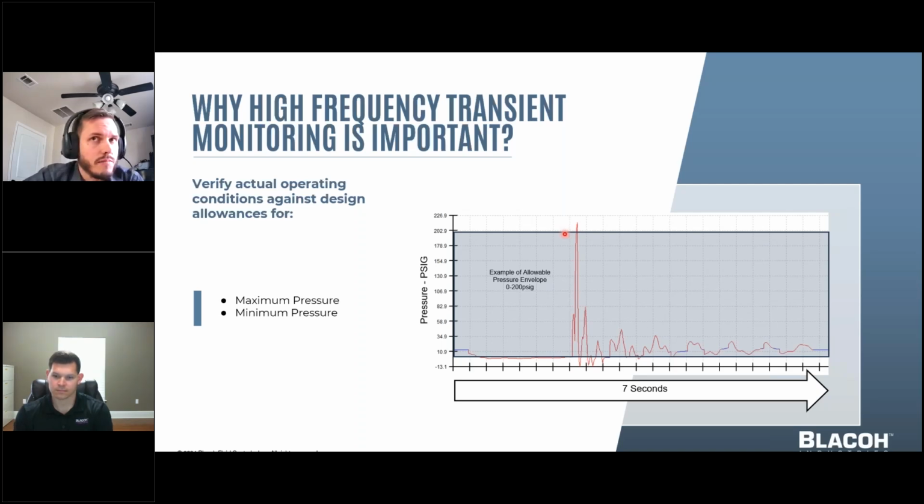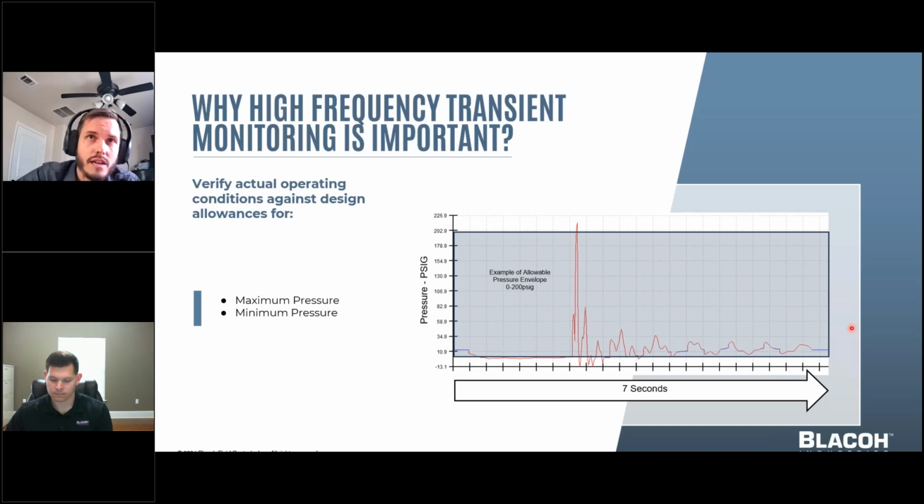We don't want our operating pressure to exceed this. Let's say we also don't want to operate the system in vacuum conditions. Thanks to transient pressure monitoring data, we can reveal instances of breaching these allowances and by how far.